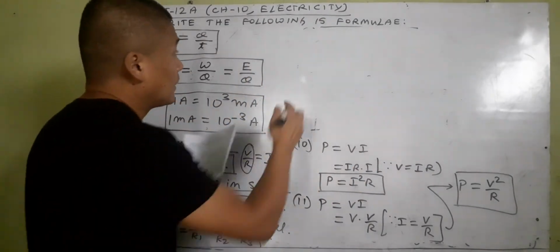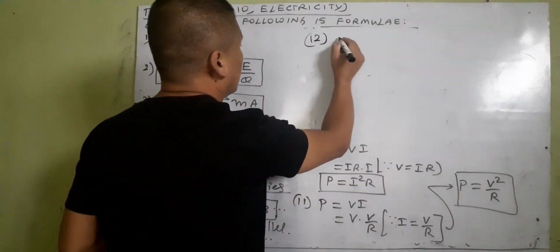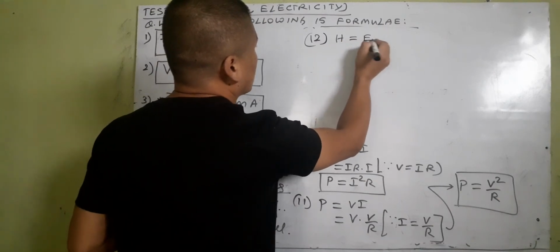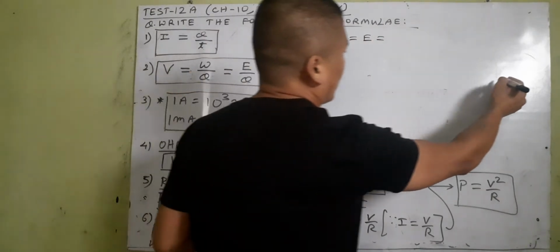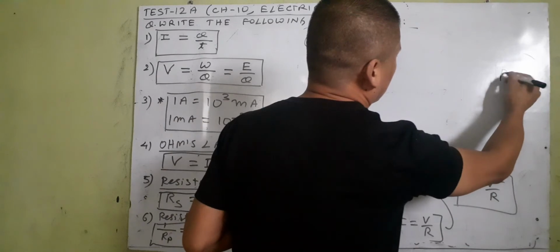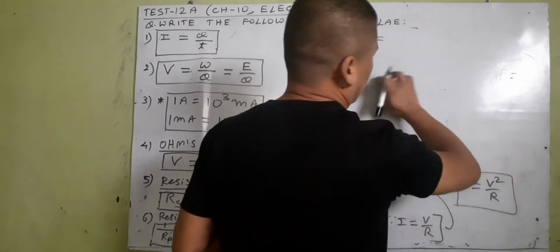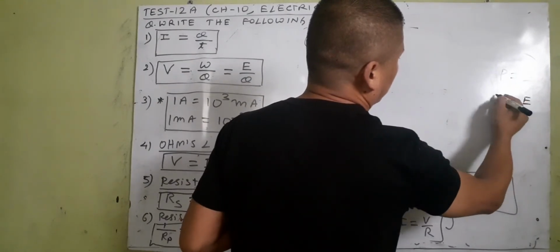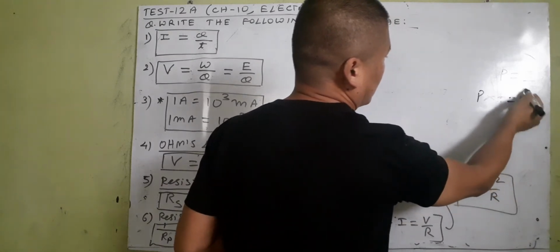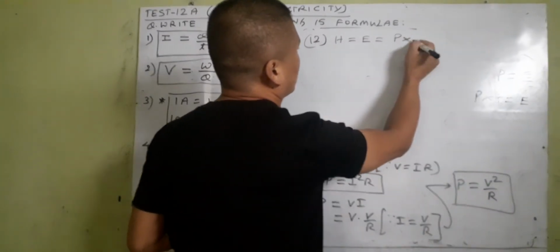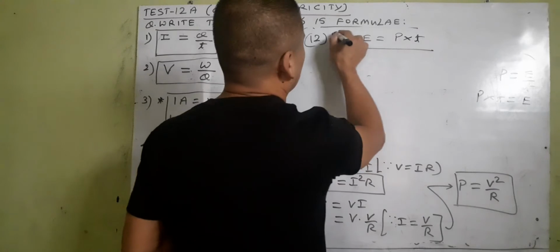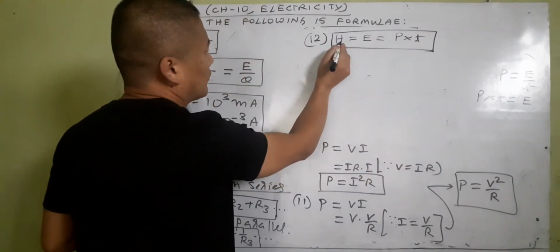Number 12: heat and energy are the same. Now P = E/T, as we learned just now. So E will be equal to P into T. See, T goes up. So E = P × T is the first equation for energy or work or heat also.